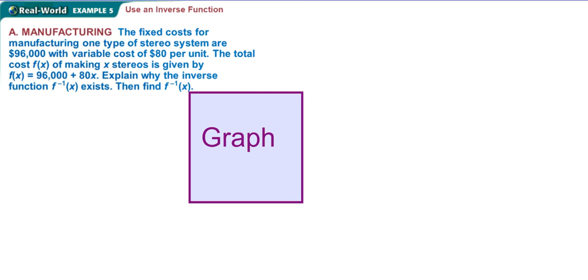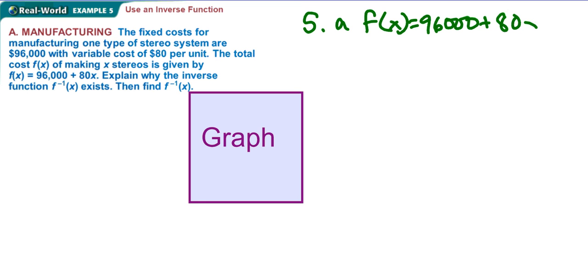Explain why the inverse function f inverse of x exists, and then find it. So this is number 5, letter A. We have f of x equals 96,000 plus 80x. Just a little note to self, what does x stand for? Number of stereos, right?